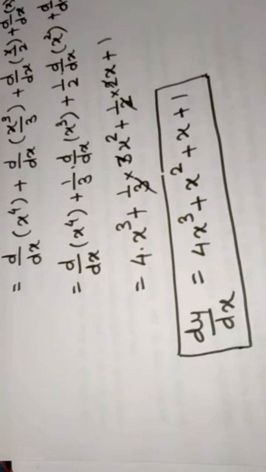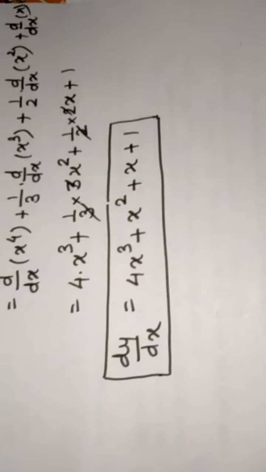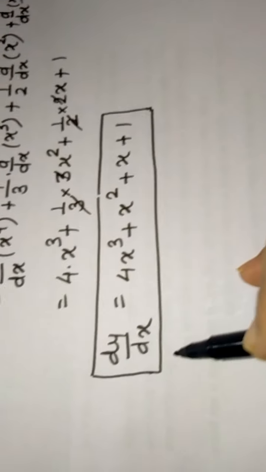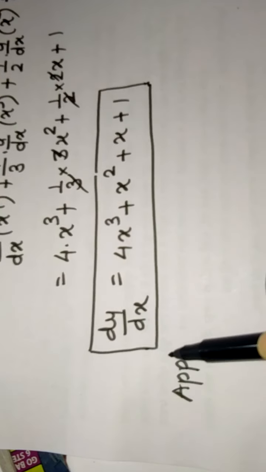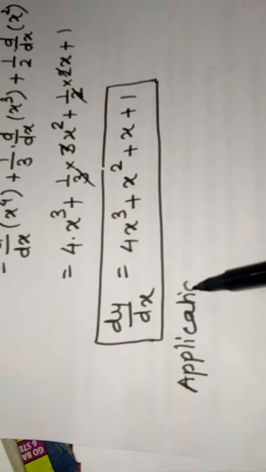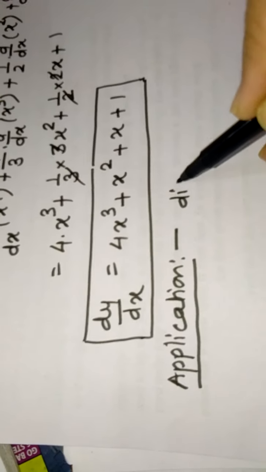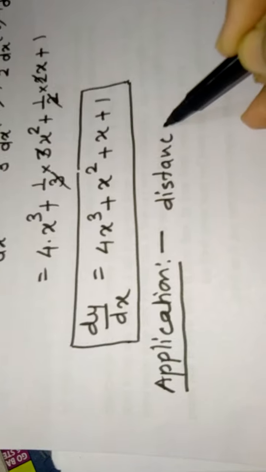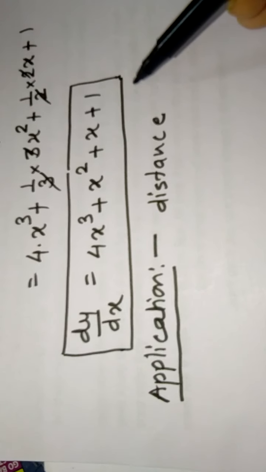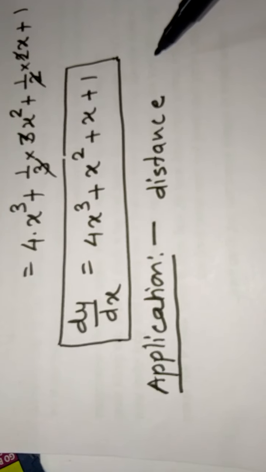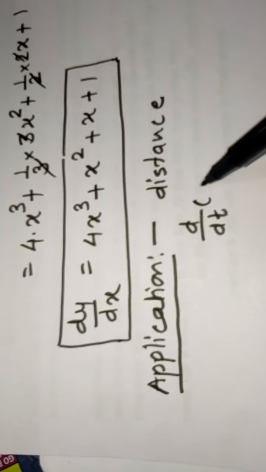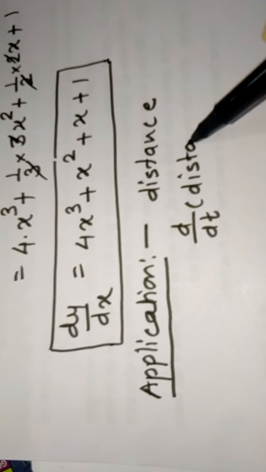Now first thing is why we are using the derivative, why we are learning the derivative. Now the application of derivative is, if you have given distance, then find the first derivative of distance with respect to t, d by dt of distance.